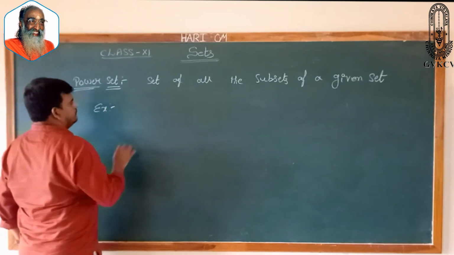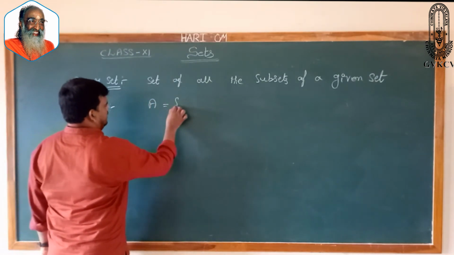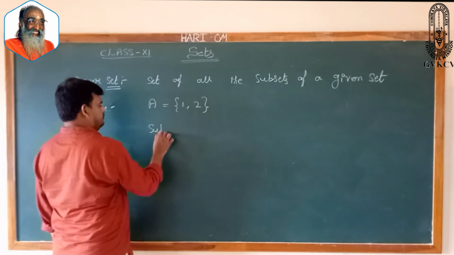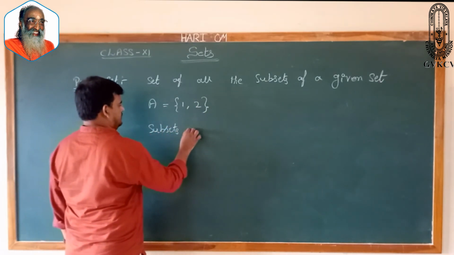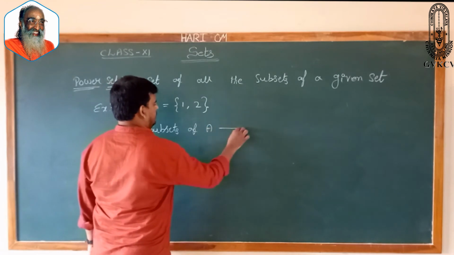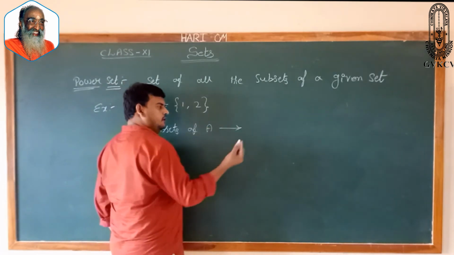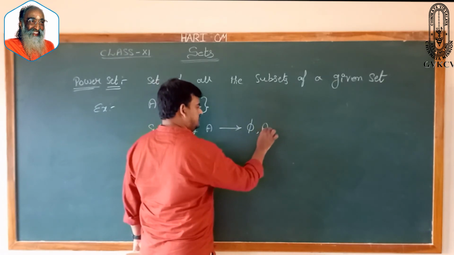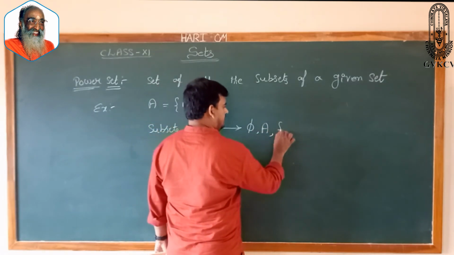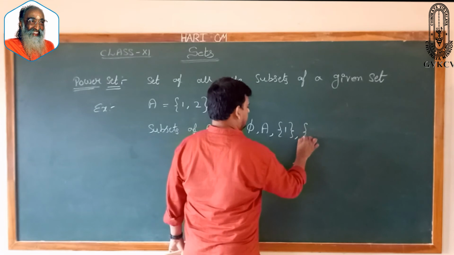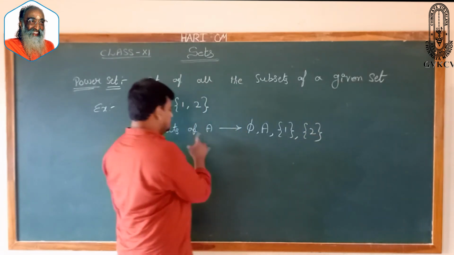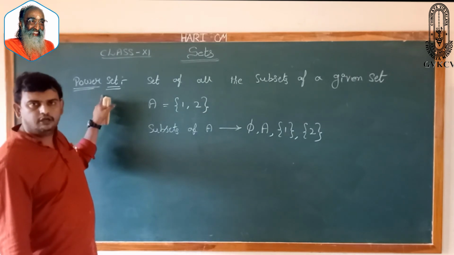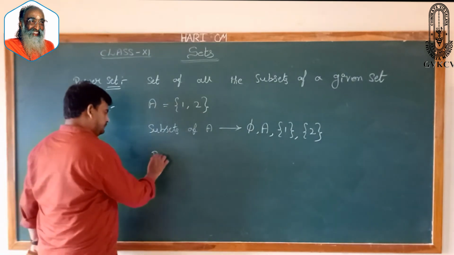Now, set A, I am having the elements 1, 2. What are the subsets of A we have? As we know, the empty set is a subset, the set itself is a subset, and the individual elements 1 and 2. These are the subsets we have. Now what are we talking about? We are talking about the power set.